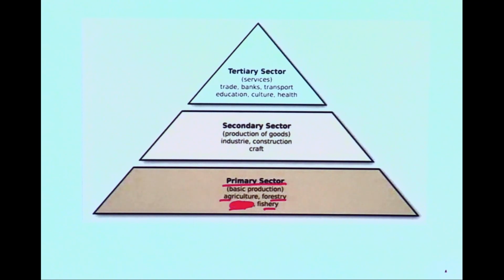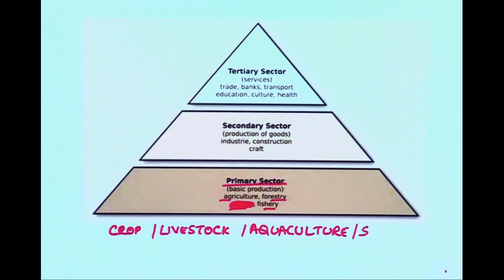And when I say agriculture, I am talking about crop, livestock, aquaculture, and silvipasture culture.